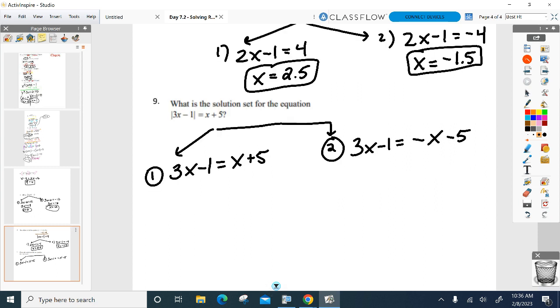And now you're going to town. I'm getting 3 on one answer, negative 1 on the other.